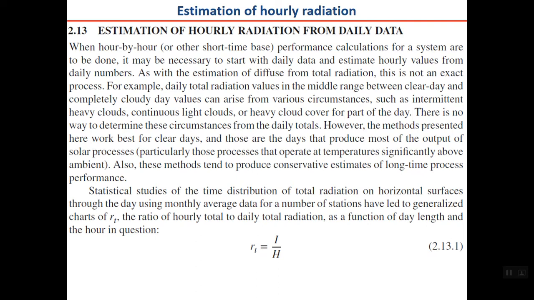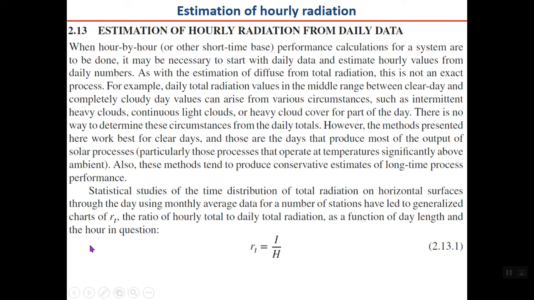Now you want to know, for example, what is the radiation received between 9 and 10 o'clock in the morning. You want to know the value of radiation received on the Earth between 12 o'clock and, for example, 4 in the afternoon. This is the meaning of estimation of hourly radiation from daily data.